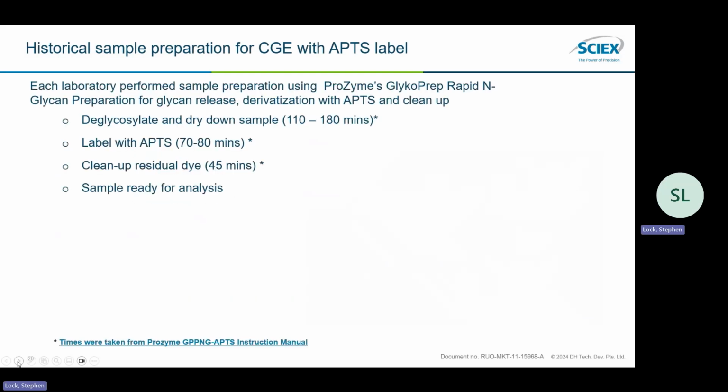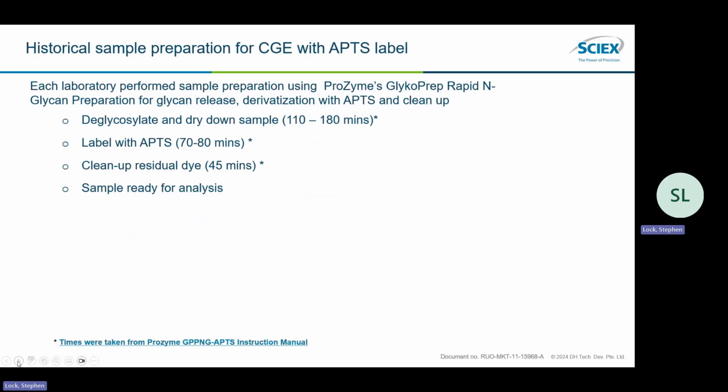So then, looking at the historical prep time for this type of derivatization reaction, when you look at using APTS historically, it's pretty similar to the classical methods, such as 2-AB derivatization, in that you have to, as usual, deglycosylate. So the first thing you do is take your protein sample, and as with HILIC, you strip off your N-glycans, dry down the sample, and label it with APTS.